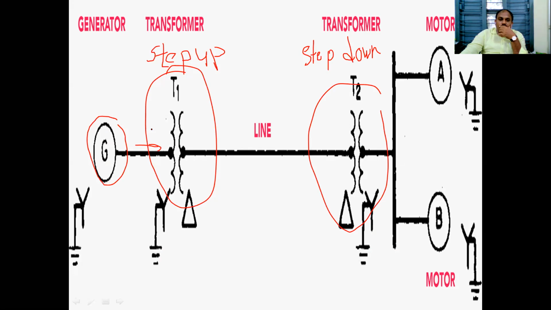The generated voltage is stepped up for the transmission line. So these are the load centers, with a motor supplied. The main purpose of the transformer is to increase the voltage to transmission levels and decrease it again. Only because of transformers is power transmitted over long distances.